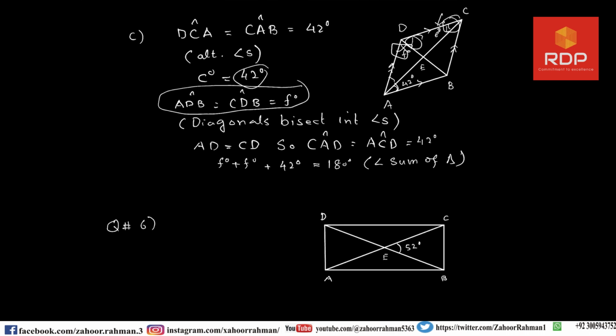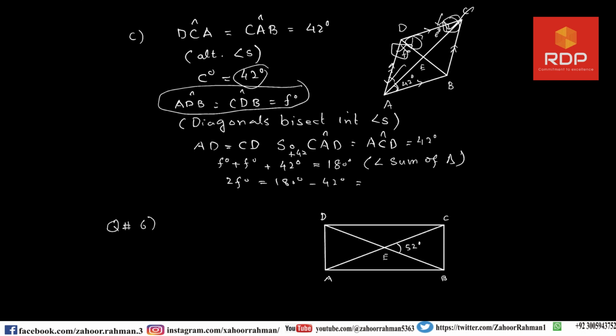Now I am writing 2F degree is equal to 180 degree minus 42 degree minus 42 degree, because this is 42 and this is also 42.